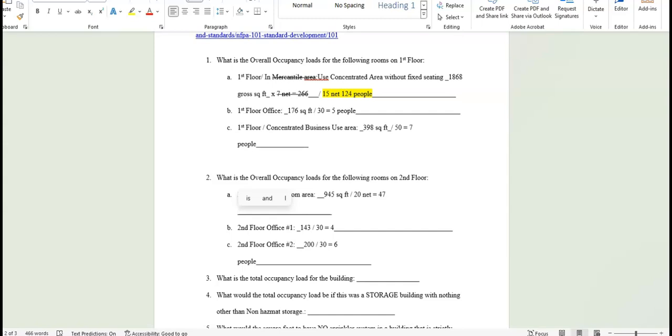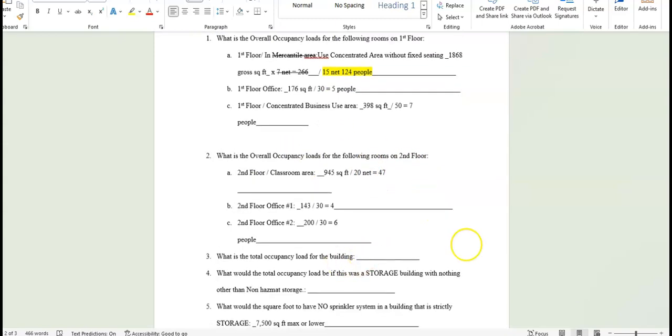So let's add those up now. 47 plus 4 plus 6 plus 7 plus 124 plus, that's it. So we have 188 for our total occupancy load, 188 people, and that's our max.